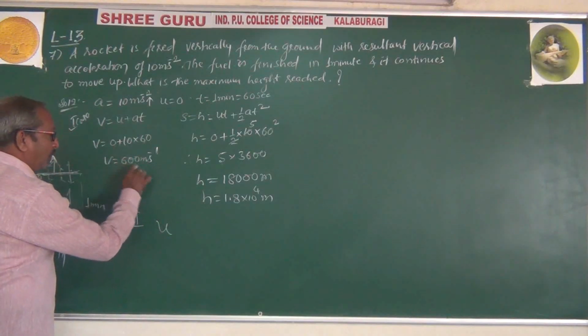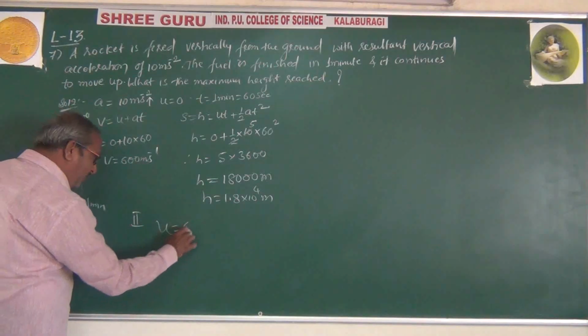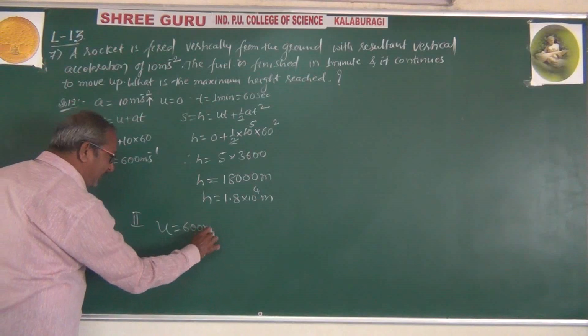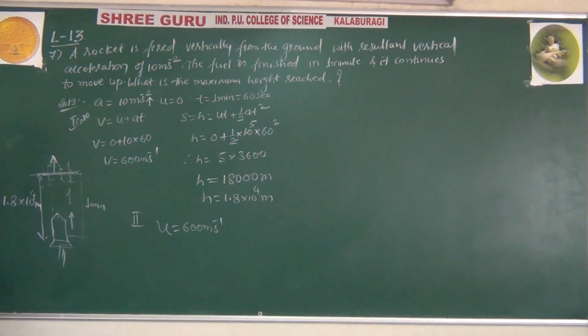The velocity that you got is itself the initial velocity, and it goes up. Whenever it goes up, there is gravity, g equal to 9.8. The rocket is moving up, but gravity is downward.